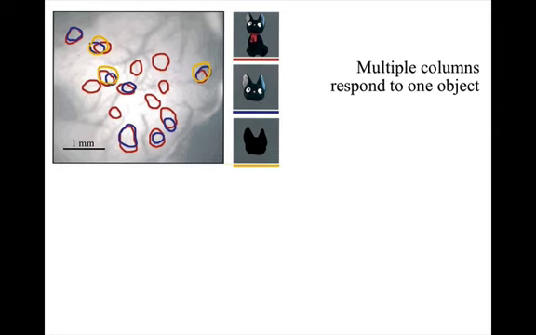So the active cortical columns in response to the complete cat are circled in red, the areas active in response to the cat head in blue, and for the silhouette in yellow. You can see that many columns are active in response to one object, and if the objects are visually similar, some of the same columns are activated.